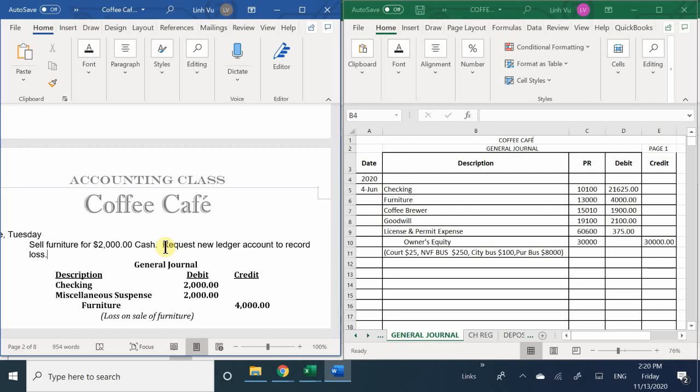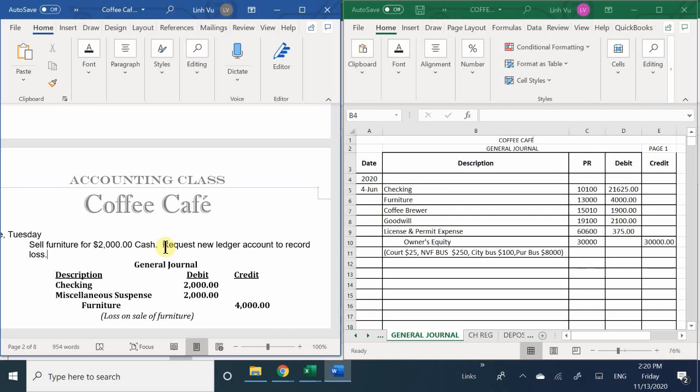So this is the historical cost principle. When you acquire the asset, you record it at the fair value price that you purchased it for. Here, we're selling our asset, and you still need to record it at what you originally purchased it for. So here is what you need to do.